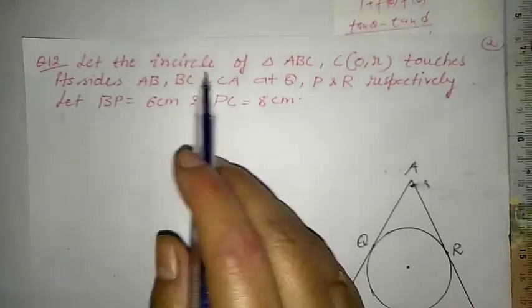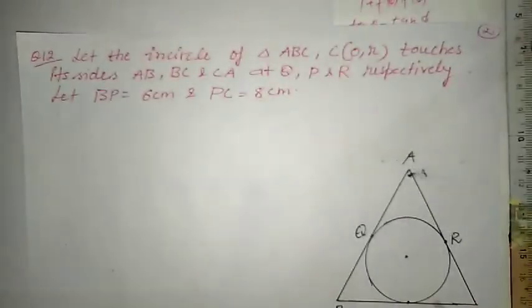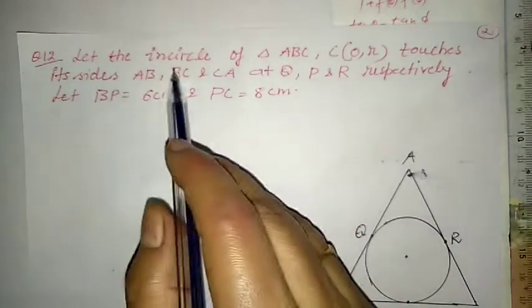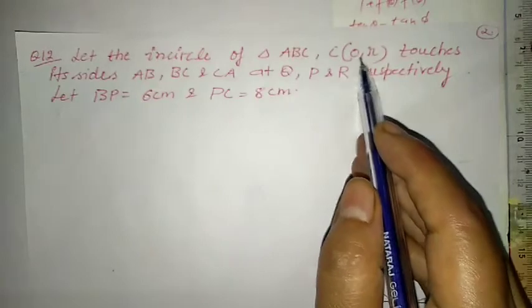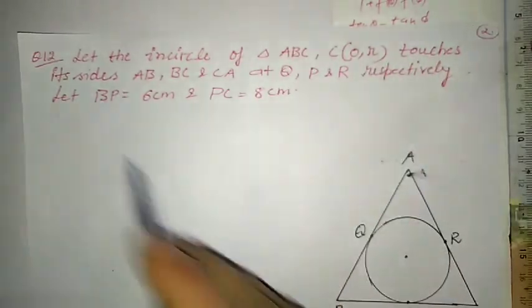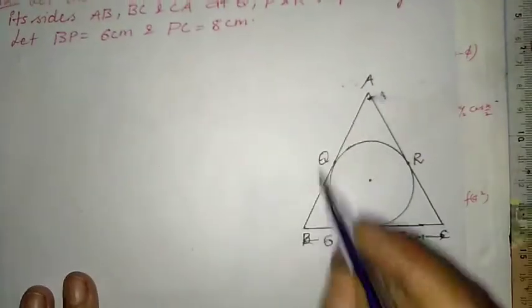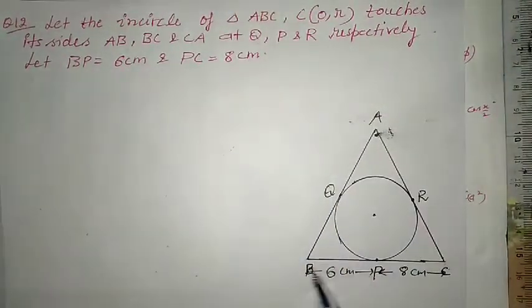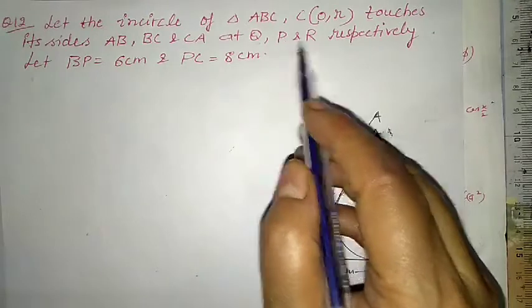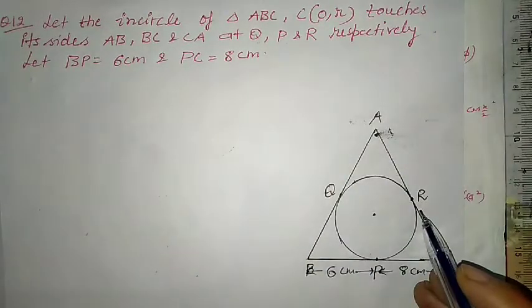So let the incircle of triangle ABC with center O and radius r touch its sides AB at Q, BC at P and CA at R respectively.